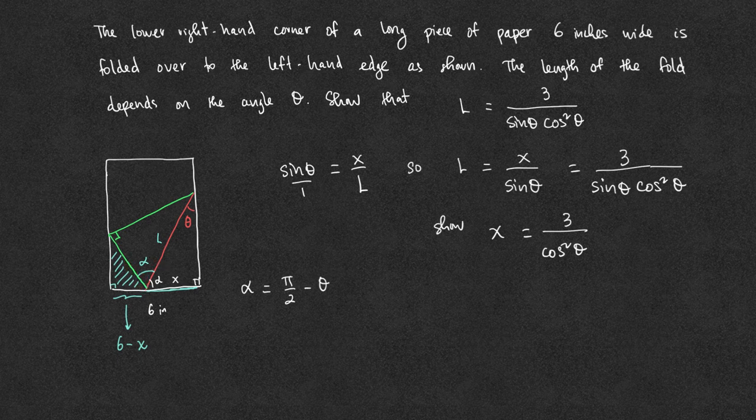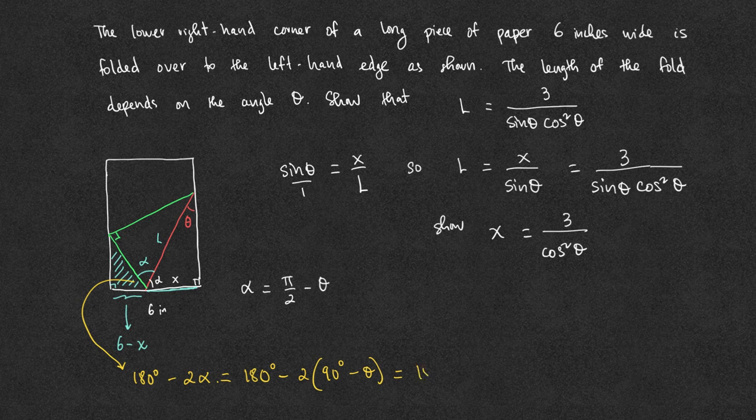Because of those two angles being alpha, we see that this angle is therefore 180 degrees or pi minus 2 alpha. But since alpha is 90 degrees minus theta, we have 180 degrees minus 2 times 90 degrees minus theta.